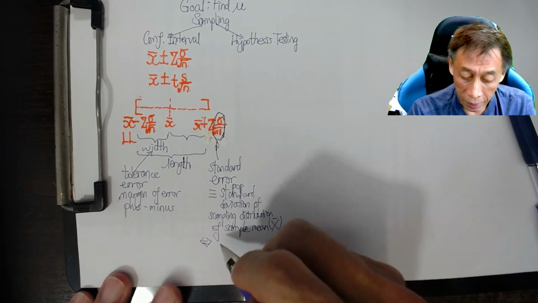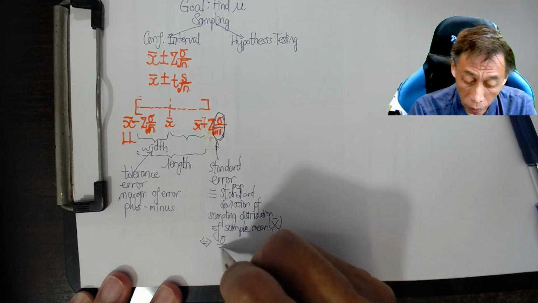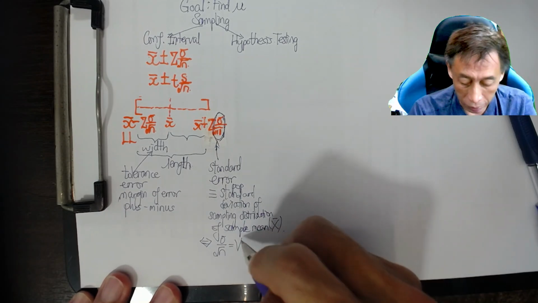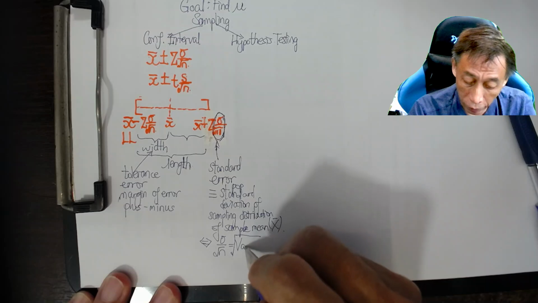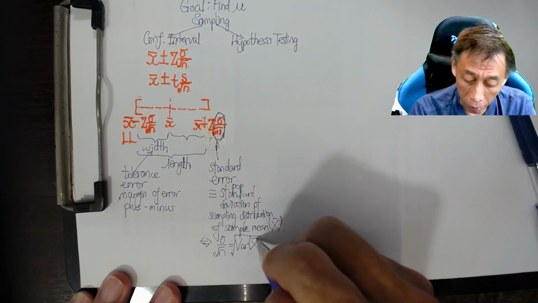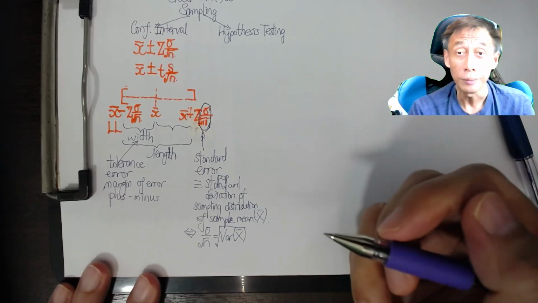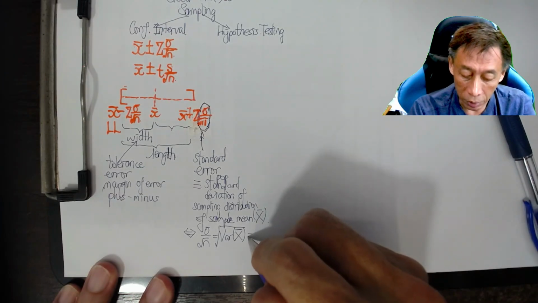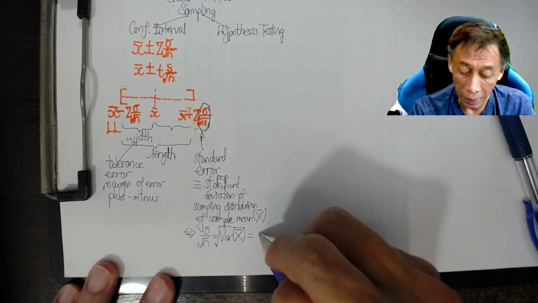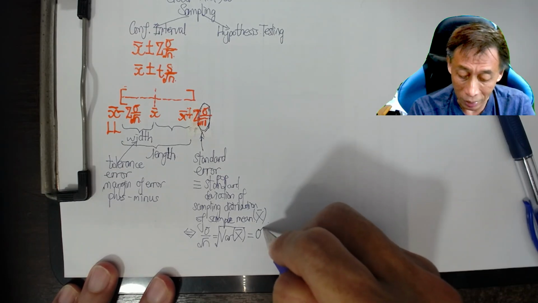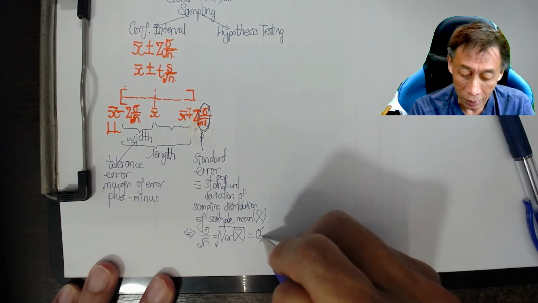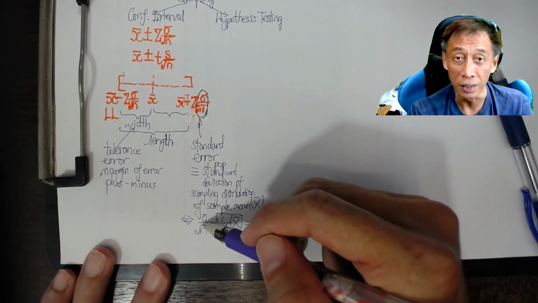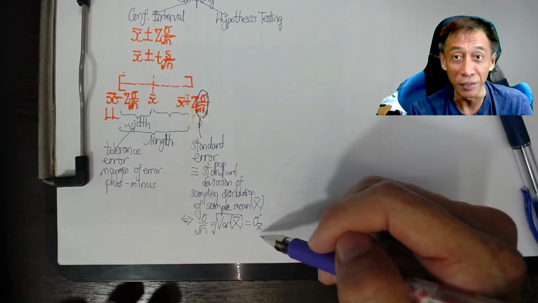In other words, we're trying to say that sigma over square root n is the square root of the variance of X bar. And another symbol to represent this is the population standard deviation of X bar, isn't it? That's why sigma and sigma X bar are really different numbers and live in different worlds.